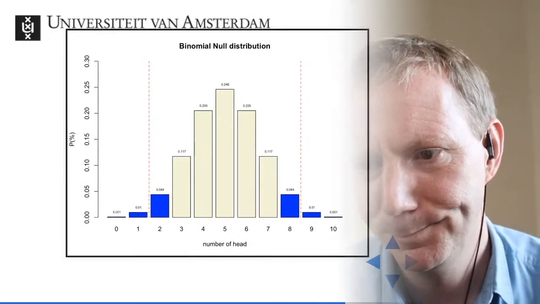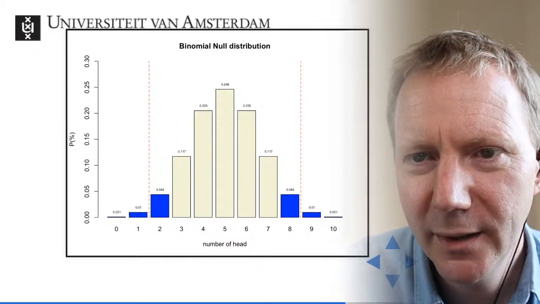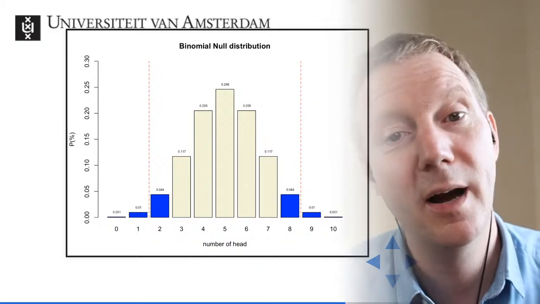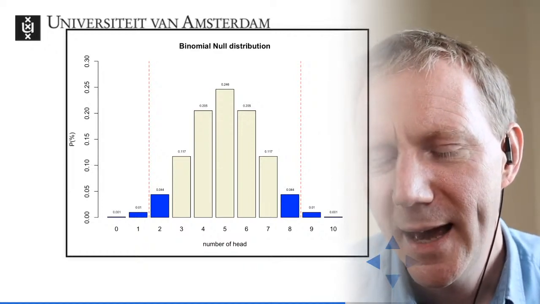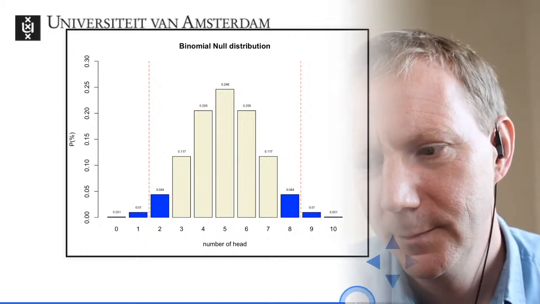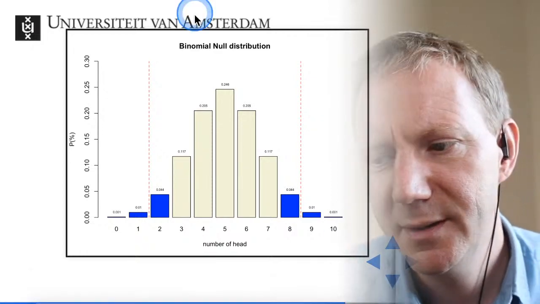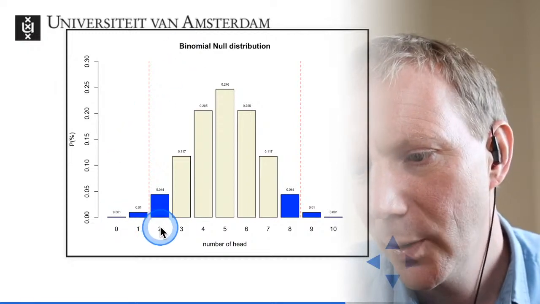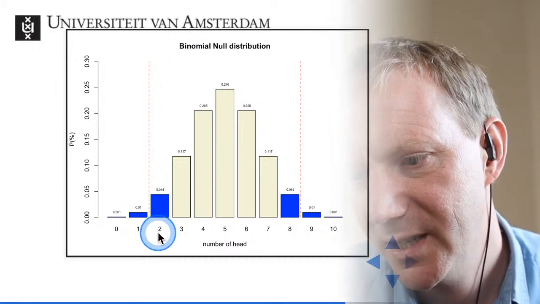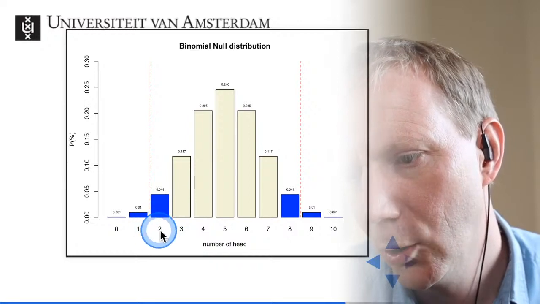So if I look at this, I've put in the boundaries still from our chosen alpha, and the p-value here, and I'm still testing two-sided, is the probability of the found test statistic 2 or more extreme.